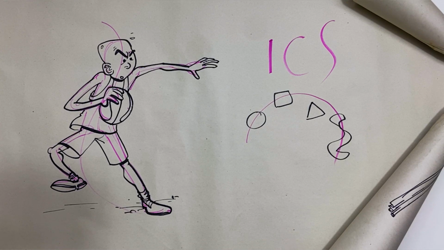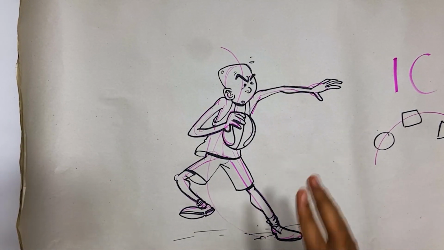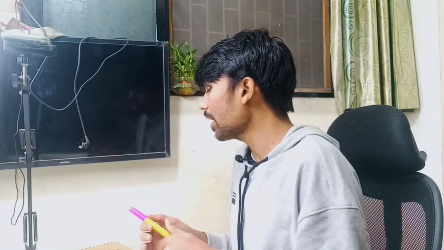Same thing is with the elements of your human body also. So when we are drawing the gestures, we are basically creating that curve according to the action, according to the pose of the character. And that curve is created by the proximity of your different body parts.